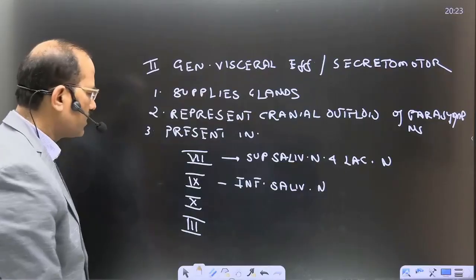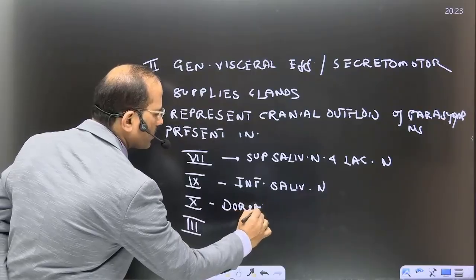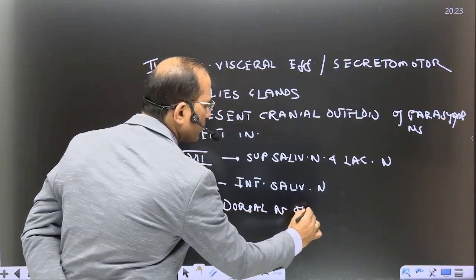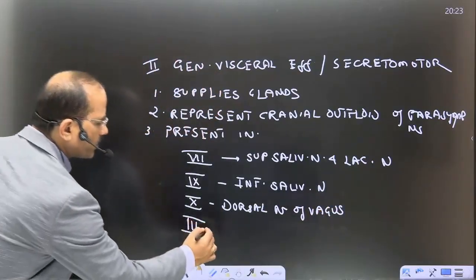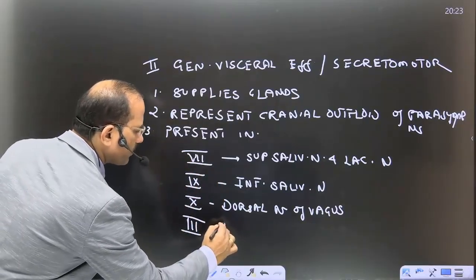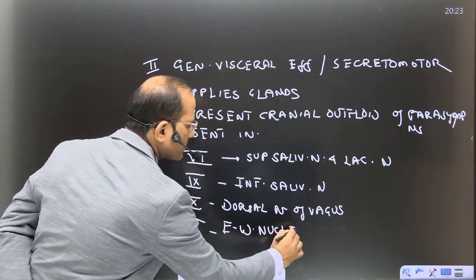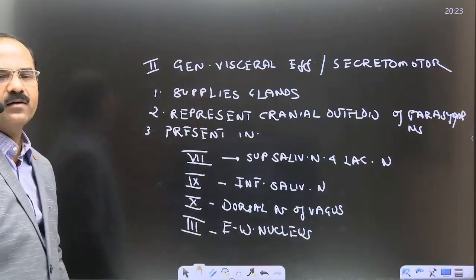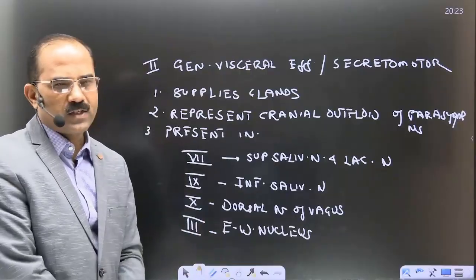Name of the nucleus of vagus is the dorsal nucleus of vagus. And name of the nucleus of third nerve to supply the sphincter pupillae and ciliaris muscle is Edinger-Westphal nucleus. See, if this is clear now, your cranial nerves is going to be clear. The name of the nucleus of third nerve is Edinger-Westphal.